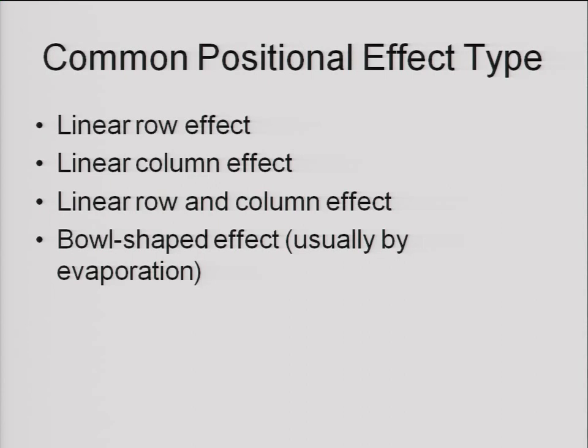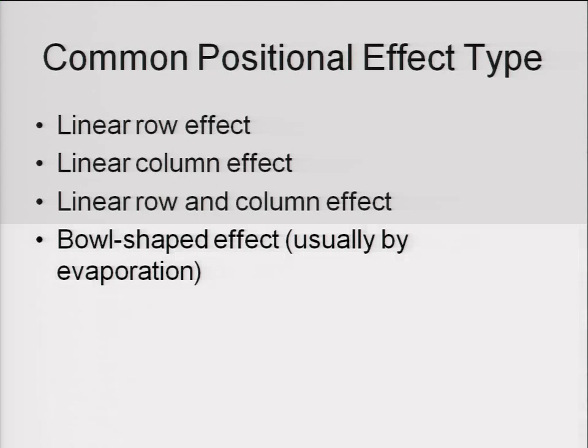Whether a position effect commonly exists, either because of evaporation or because of washing effects. Many kinds of effects can cause a position effect. For position effects, usually one type is a linear position effect, a linear relation with row or column or both. Another one is a kind of bowl-shaped effect: the middle is low and the edge is high, or vice versa, the middle is high and the edge is low.